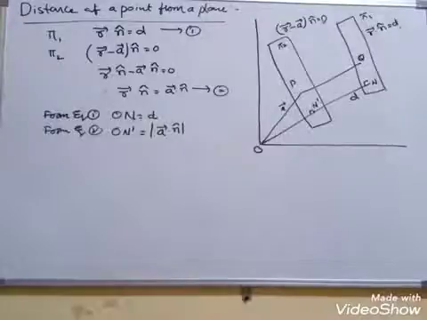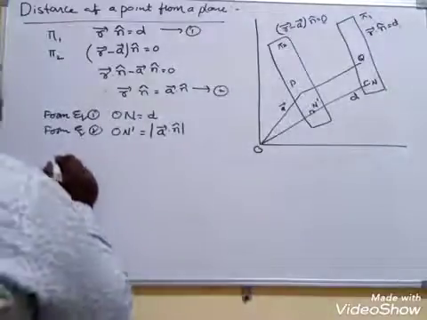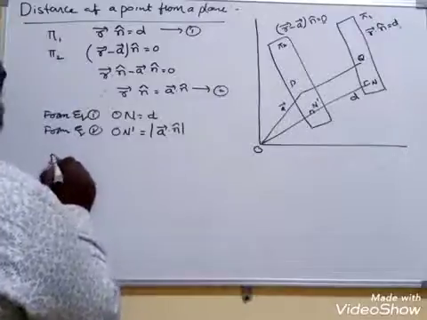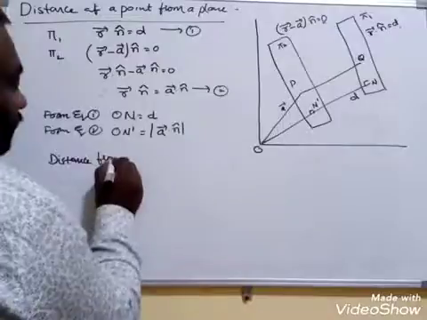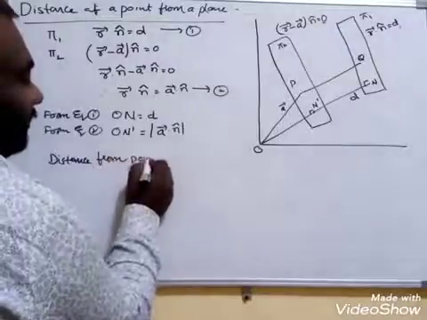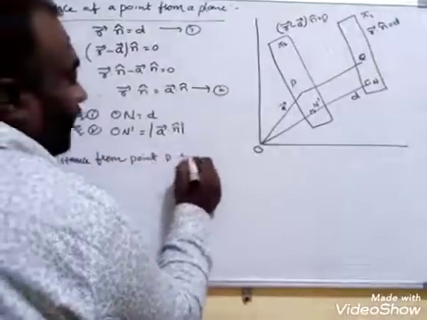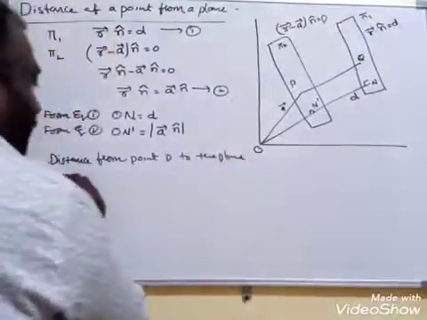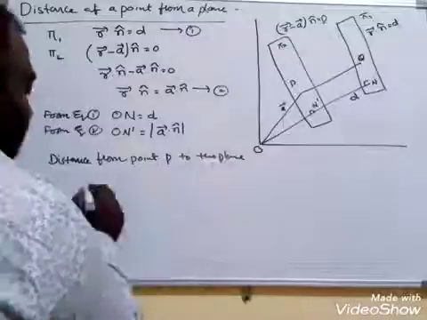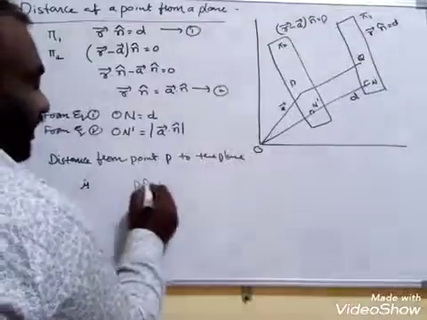Now here, what are we going to get? Distance between the planes. The distance between the planes is nothing but the distance from point P to the plane, which is PQ.